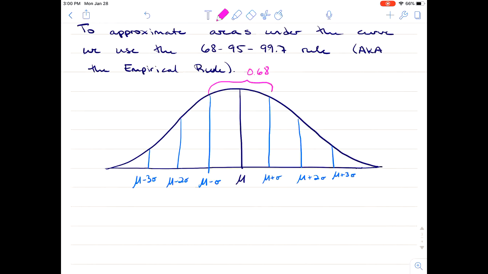But that 0.32 has to be split evenly between these two tails. So now we have 0.16 here, 0.16 here. Jot that down in another example. But just knowing that the central 68% is between 1 standard deviation from the mean, down and up, tells us a lot about these probabilities.